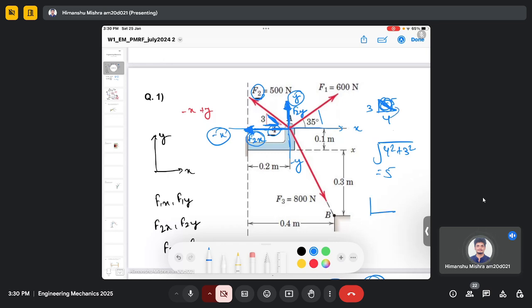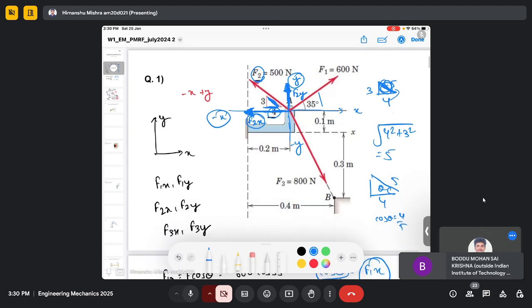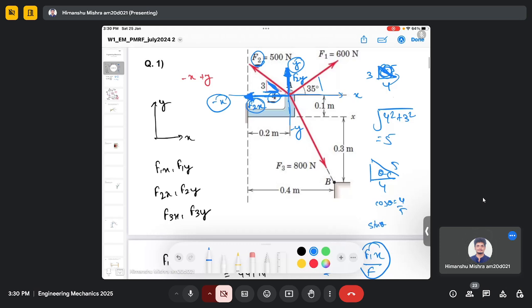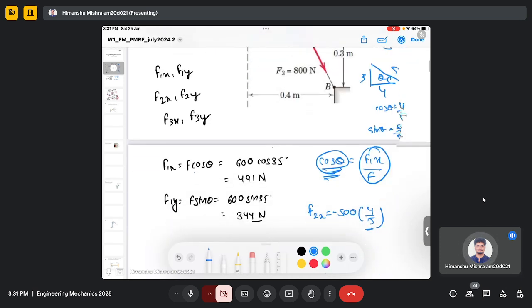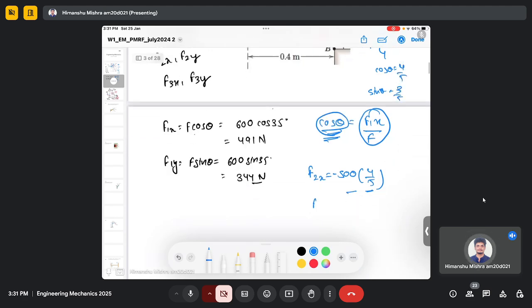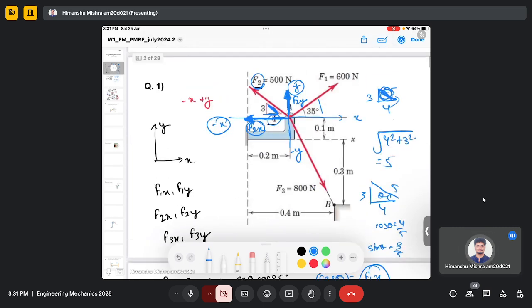So if you represent a triangle, you have sides 4 and 5, and this is theta, then cos theta will be 4 by 5, and sin theta will be 3 by 5. So using the same cosine rule, I will get F2x as minus 400 Newton. Minus because this is in the minus x direction.